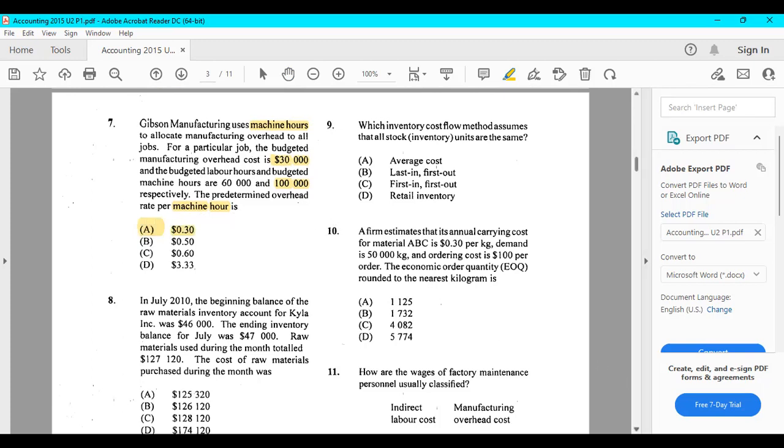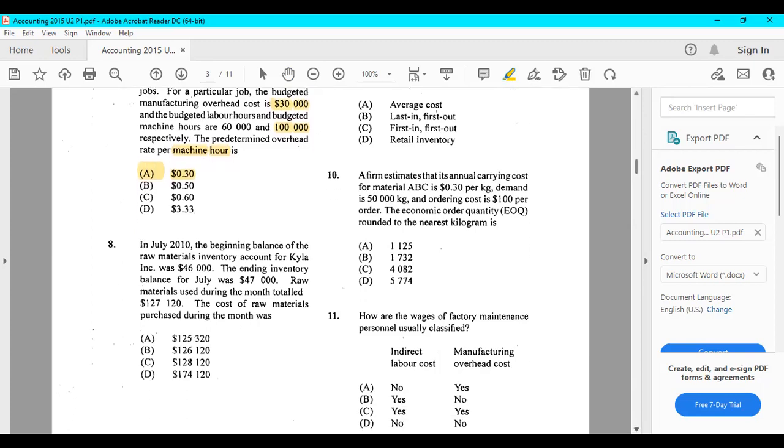Number 8. In July 2010, the beginning balance of the raw materials inventory account for Kyla Incorporation was $46,000. The ending inventory balance for July was $47,000. Raw materials used during the month totaled $127,120.